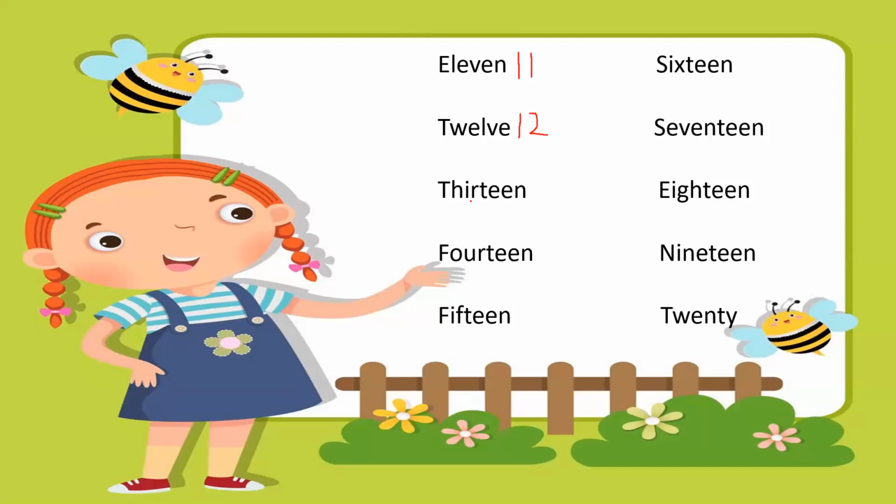How to write number 13? Number 13, we will write it as 1, 3, 13. Okay. T-H-I-R-T-E-E-N. 13.